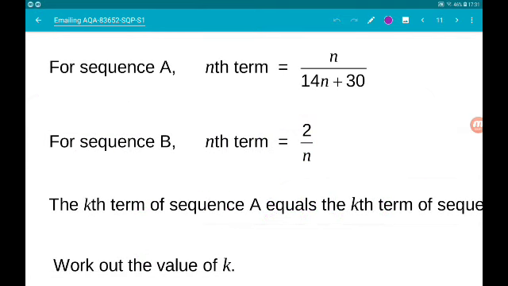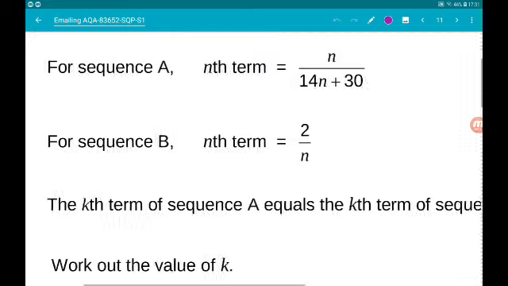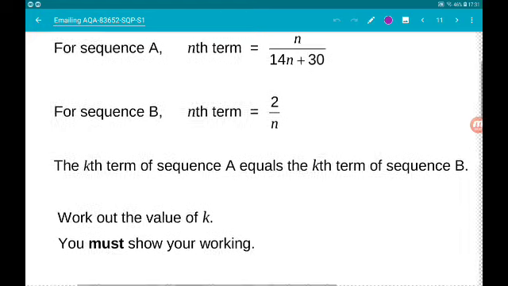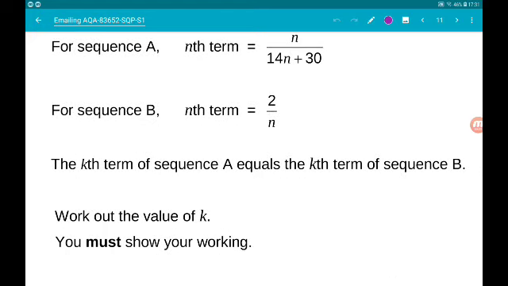Okay, question 11, we got some sequences. So, for sequence A, the nth term is n over 14n add 30, and for sequence B, the nth term is 2 over n. We are told the kth term of sequence A equals the kth term of sequence B. We want to find the value of k.